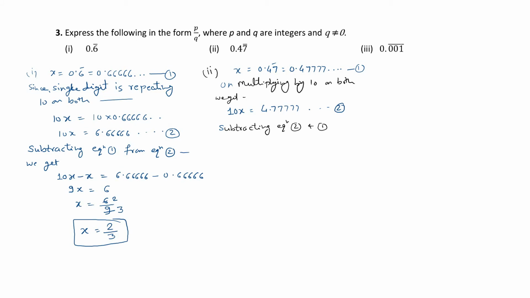We can write it as 10x equal to 4.7777 and so on, and x equal to 0.0777. If we subtract, it will become 9x equal to 4.3, right? So here we can say x equal to 4.3 by 9, or we can also write it as x equal to 43 by 90.